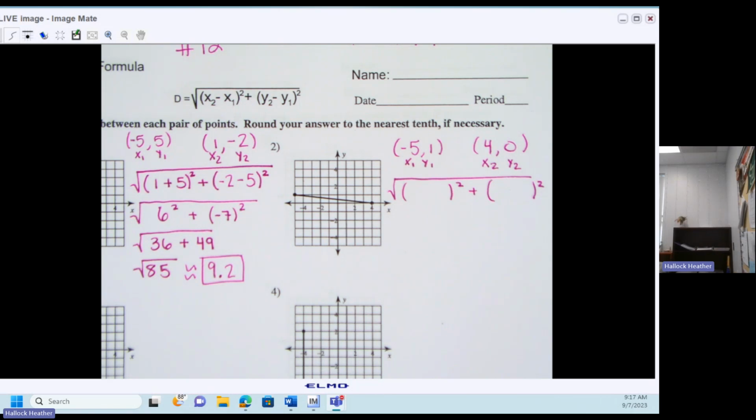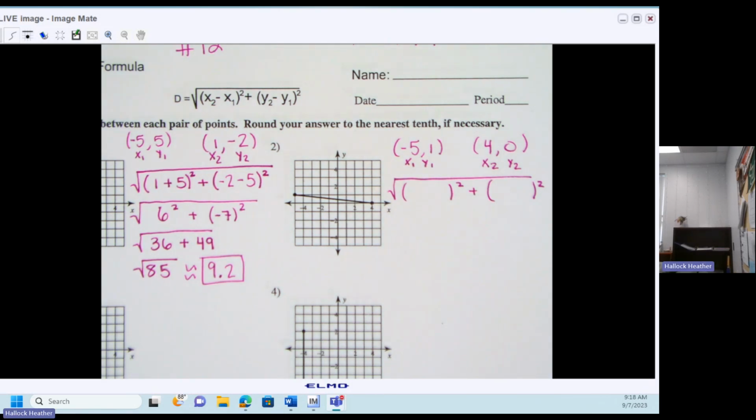It should be x2 minus x1. So it's 4 minus negative 5, which is 4 plus 5. Okay, so let's switch it, 4 and 5. And then you have 0 minus 1. Because you're subtracting a negative, it turned into a plus sign.